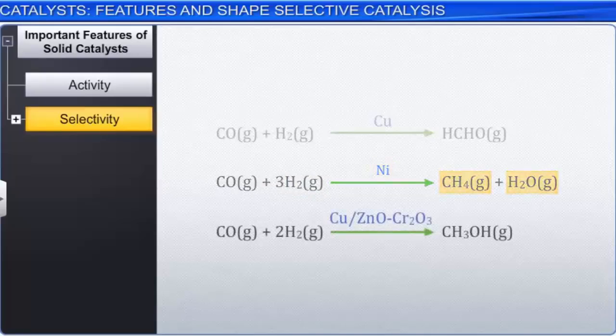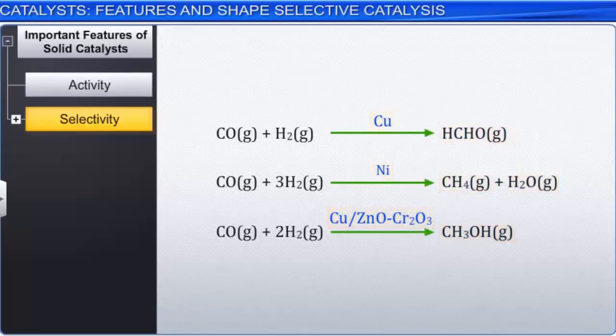In the third reaction, carbon monoxide reacts with hydrogen in the presence of copper and zinc oxide with chromium oxide as the catalyst to form methyl alcohol.